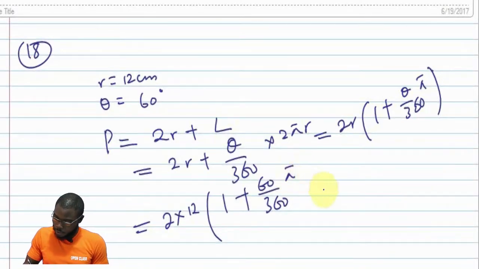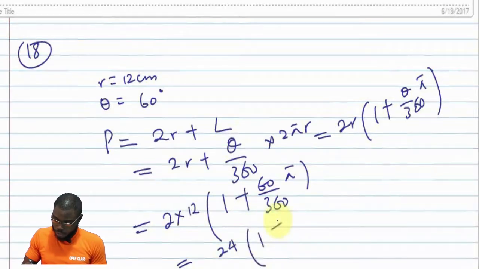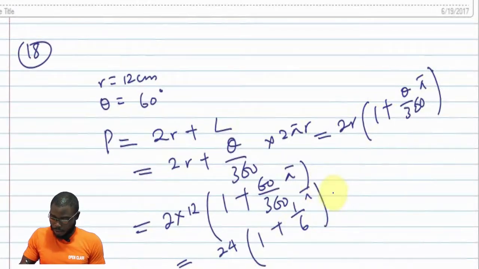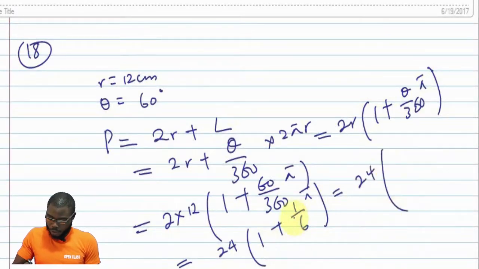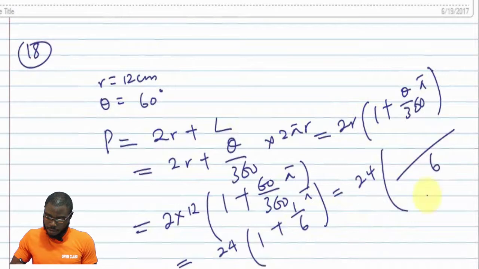So this is the same thing as 24 into 1 plus 1 over 6 pi. This can be written as 24 into, now you have 1 plus 1 over 6, so the LCM is 6. So you have 6 plus pi over 6.